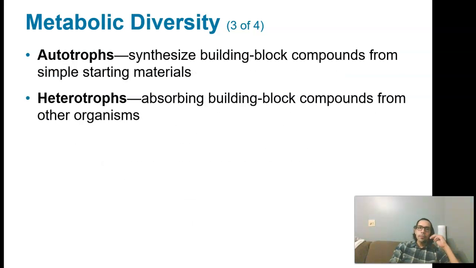Autotrophs synthesize building block compounds from simple starting materials. So they get their carbon from the environment, right? It could be from CO2, it could be from methane. Heterotrophs absorb building block compounds from other organisms.